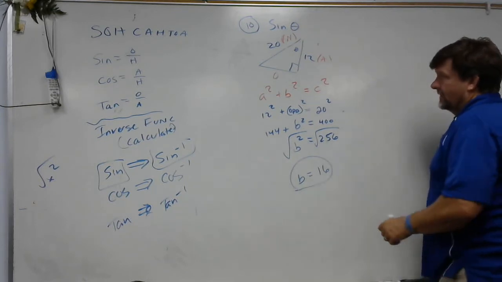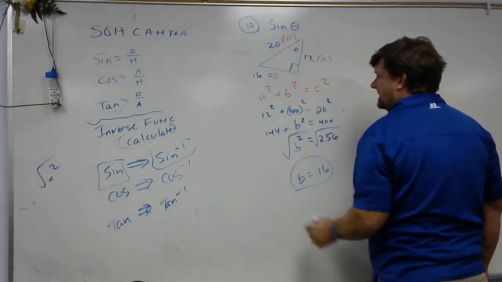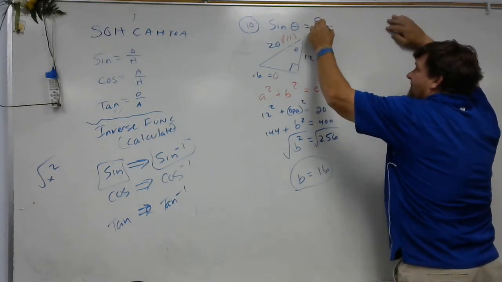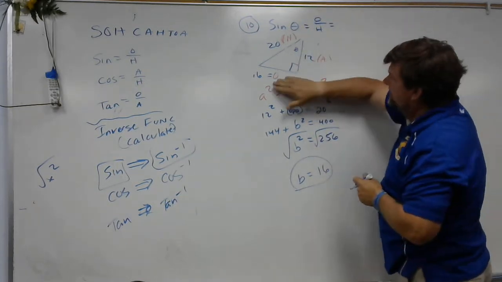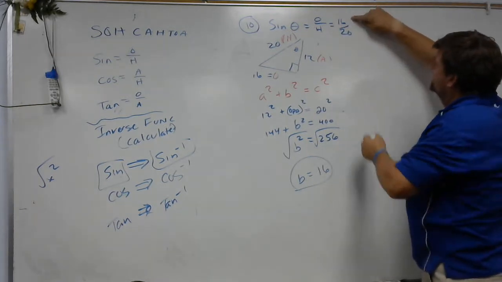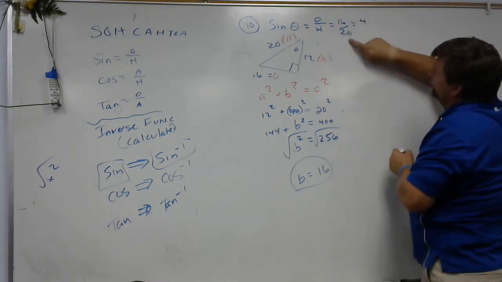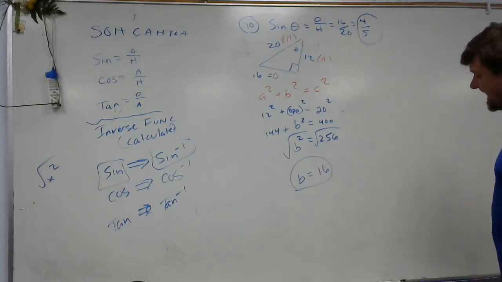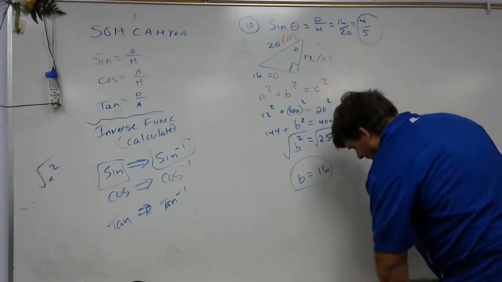All right, so we get opposite equals 16. What we said we needed, sine of theta is equal to opposite over hypotenuse, which is equal to 16 over 20. 4 goes into that 4 times. 4 goes into 20 5 times. My answer is 4 over 5. We are just rolling. You guys are good.